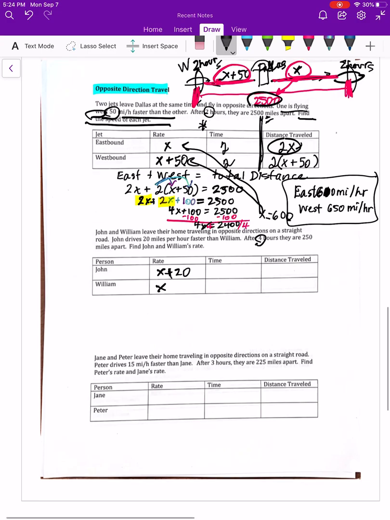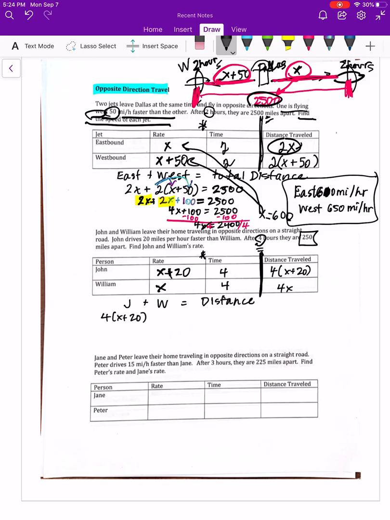After 4 hours, they are a total distance of 250 miles apart.